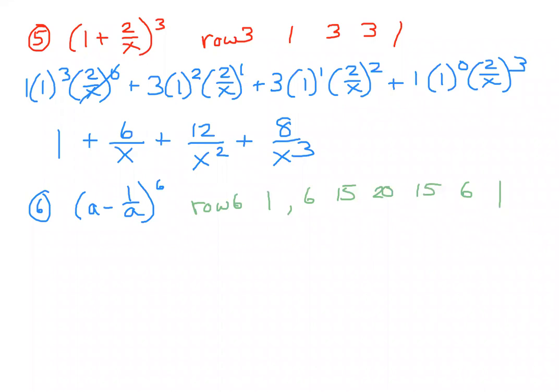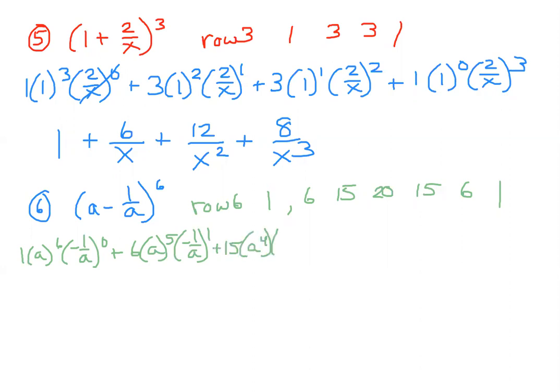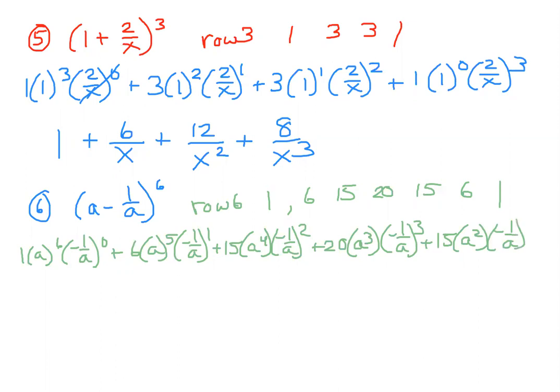So filling all those in, we've got 1 times a to the 6th times negative 1 over a to the 0 plus 6 times a to the 5th times negative 1 over a to the 1 plus 15a to the 4th negative 1 over a squared plus 20a cubed negative 1 over a cubed plus 15a squared negative 1 over a to the 4th plus 6a to the 1st negative 1 over a to the 5th plus 1a to the 0 negative 1 over a to the 6th.